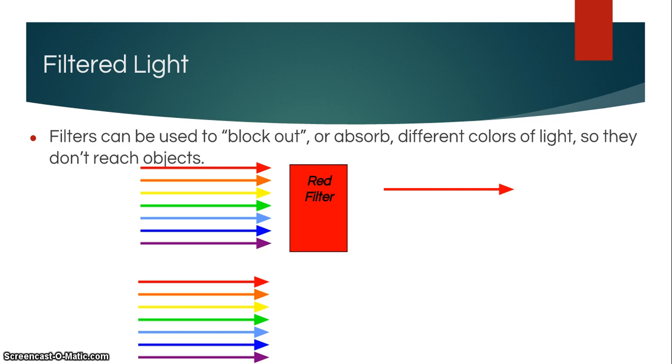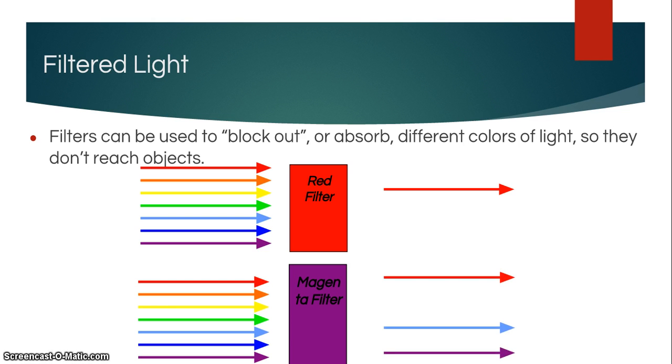Okay? If we were to use magenta, take this back to the pair of pants that you were talking about earlier in the notes, if we were to talk about magenta pants, then what would happen is you would have red, blue, and some violet coming through to make that magenta color, okay? Therefore, all the other light would be blocked by that magenta filter and would not reach the object.